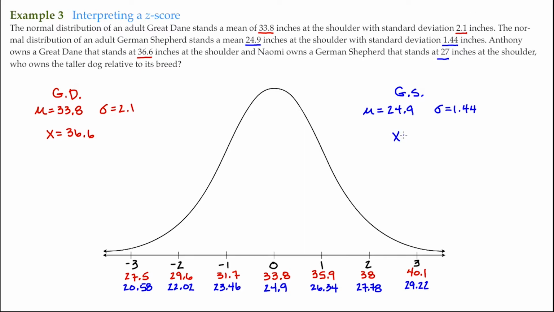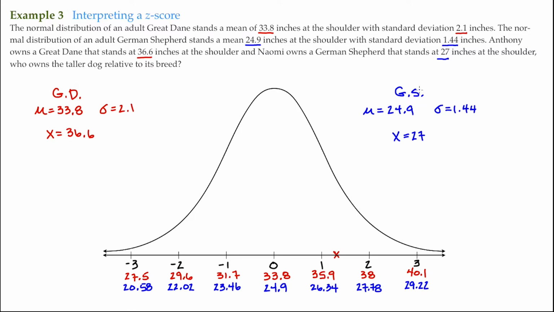So that's X is at 27. So now visually, again, 36.6, well, that's greater than 33.8. We know that. So here's 35.9 and here's 38. So 36.6 is somewhere in between, right? I'm just going to eyeball it. I'm going to say it's probably right around here.